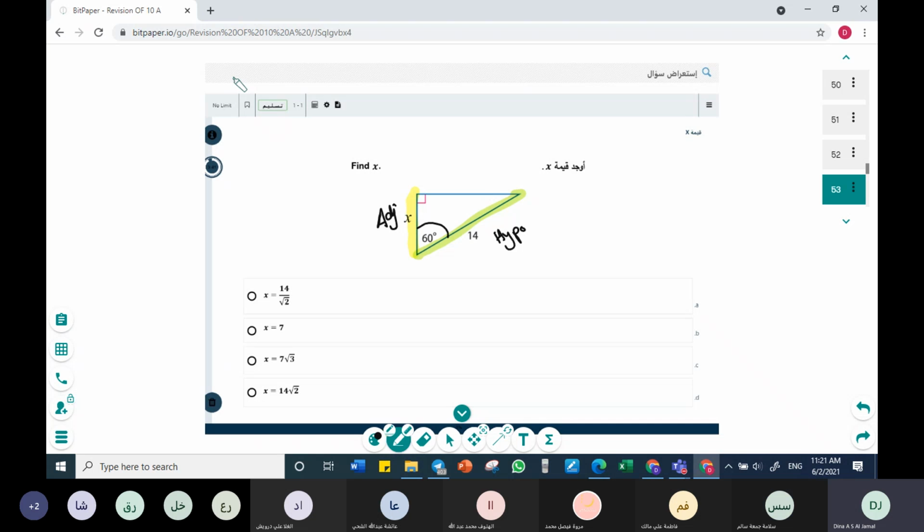This is the first one. What is the other proof? Always the side that is against the right angle is my hypotenuse. So, which trigonometric ratio can help me to solve this? Cosine. I'm having two different answers. To solve this, let's put our rule in front of us.